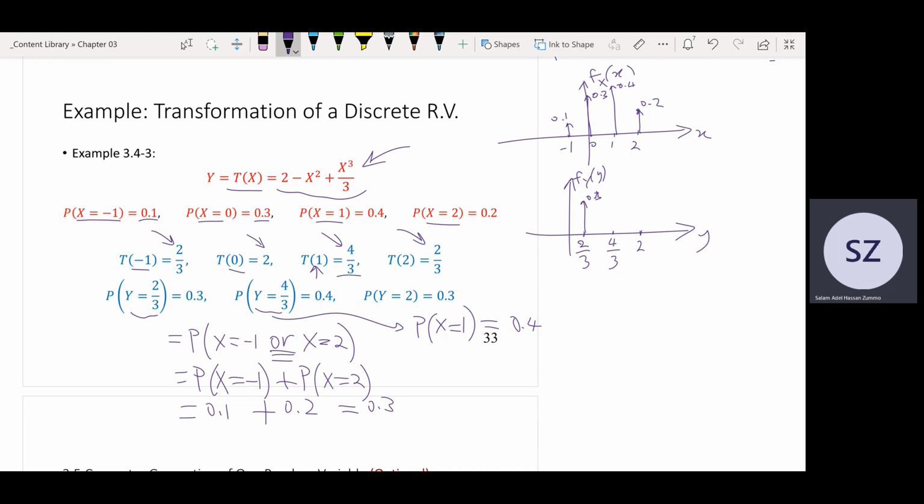And hence we have 0.4. Similarly, the probability that Y equals 2 equals the probability that X equals 0, because Y equals 2 when X equals 0. And what is the probability that X equals 0? 0.3.